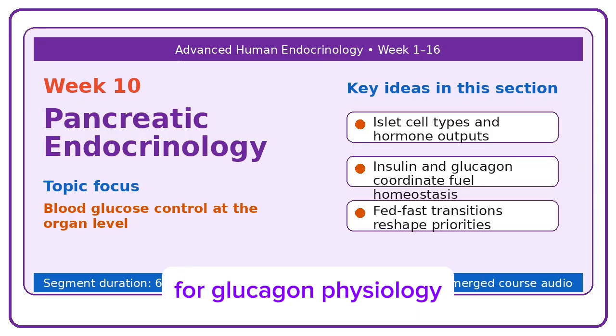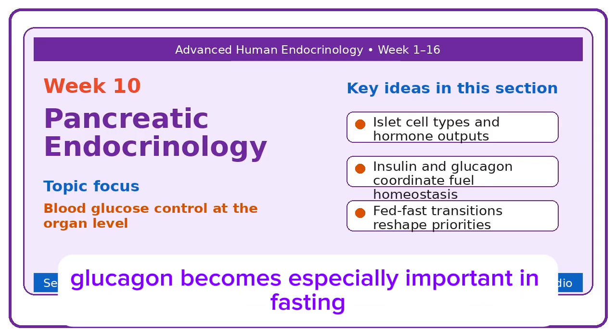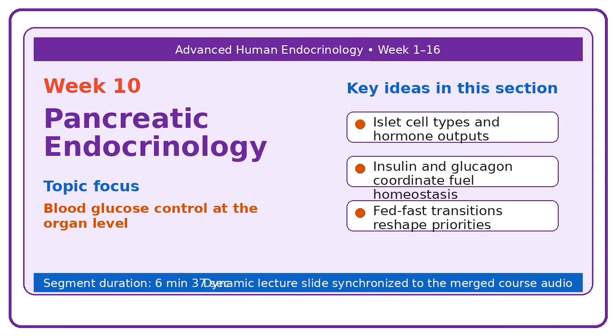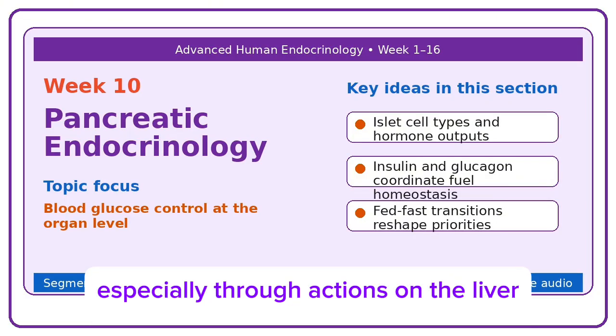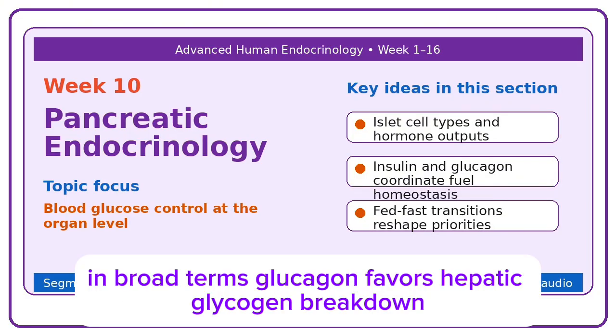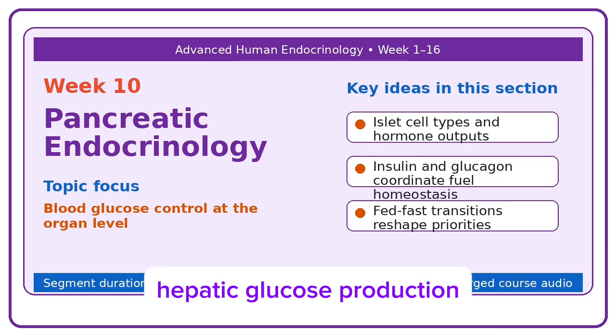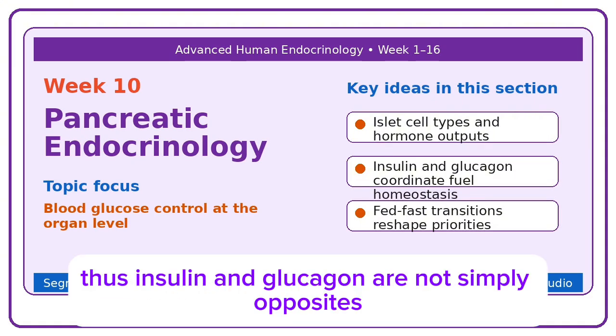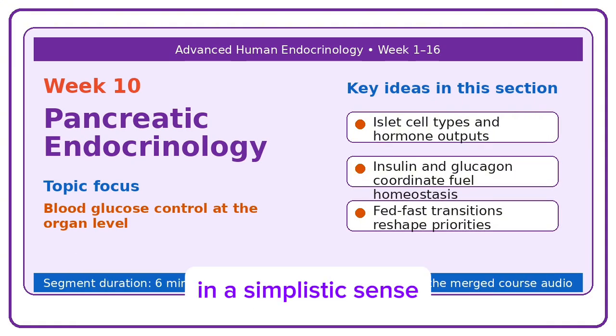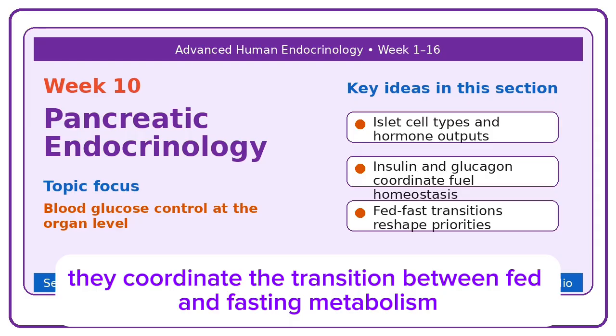Glucagon physiology. Glucagon becomes especially important in fasting or fuel deficit states. Its major role is to help maintain blood glucose availability, especially through actions on the liver. In broad terms, glucagon favors hepatic glycogen breakdown, hepatic glucose production, and fasting state fuel mobilization. Thus, insulin and glucagon are not simply opposites in a simplistic sense. They coordinate the transition between fed and fasting metabolism.